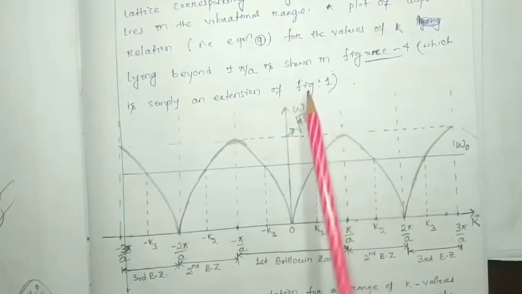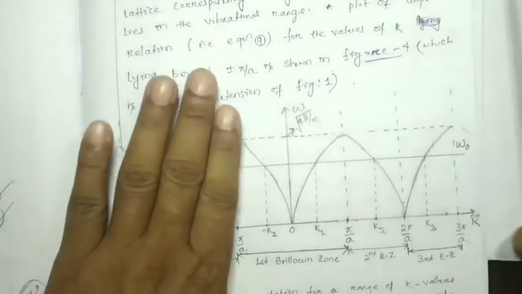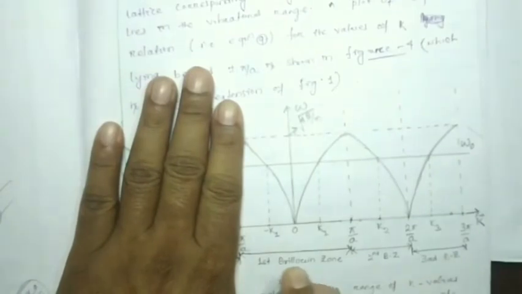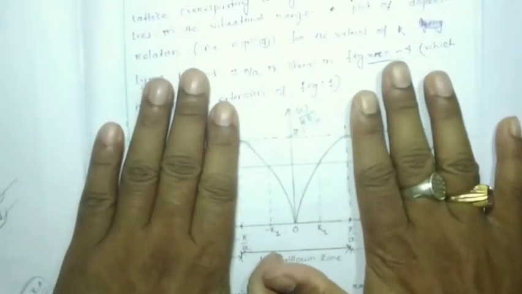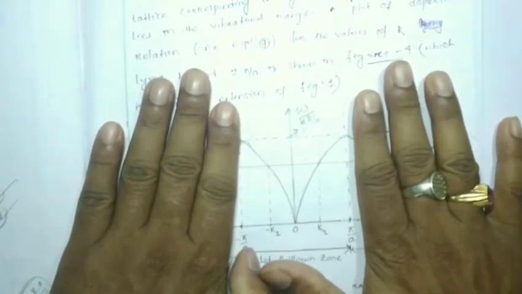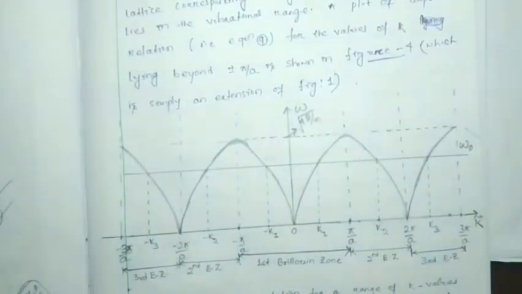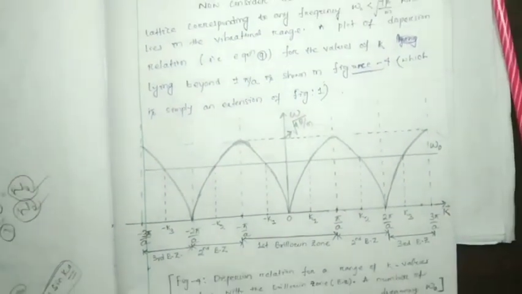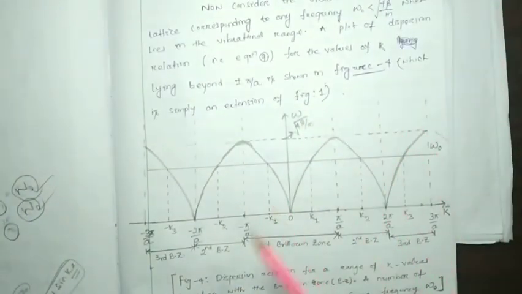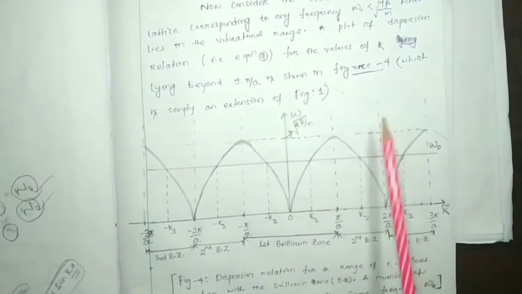In the first figure we have just this much, from minus pi by a to pi by a. I have extended it over this side and this side. So figure 4 is nothing but the extension of figure 1.